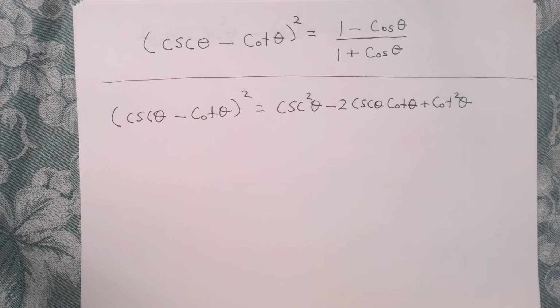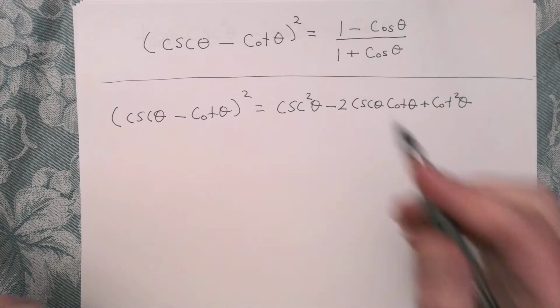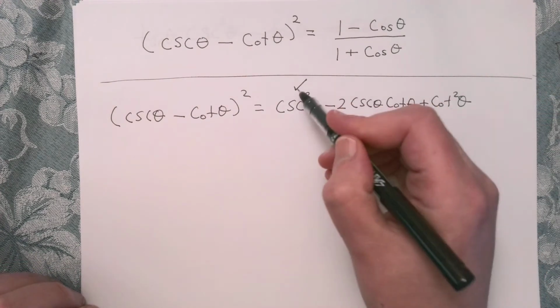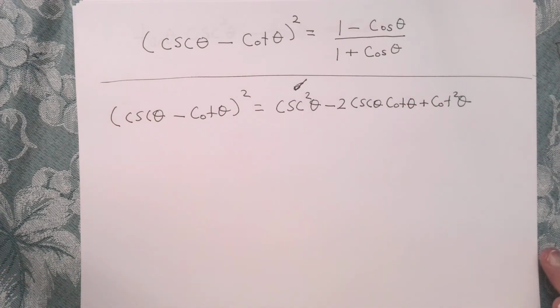Okay, so let's see here. Well, I think we have a Pythagorean identity from before, because remember this? Oh, we don't. That's not minus.